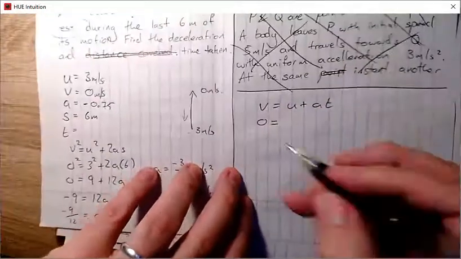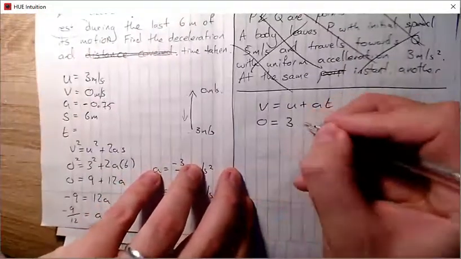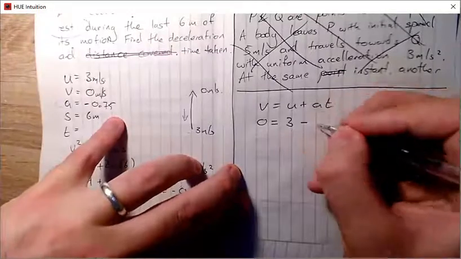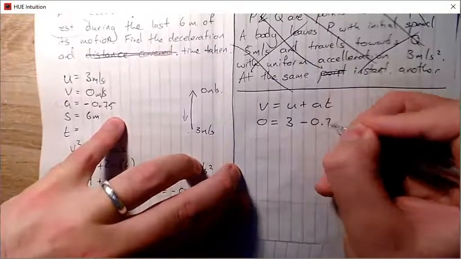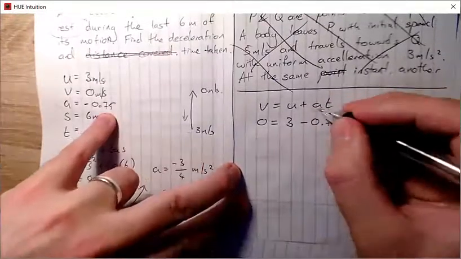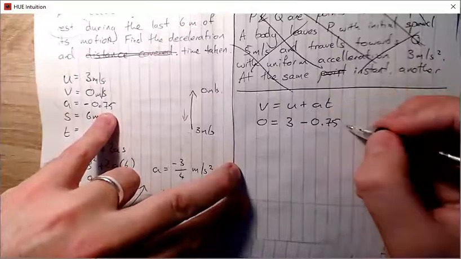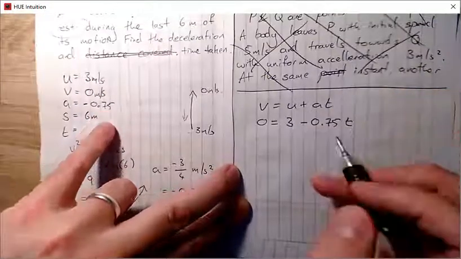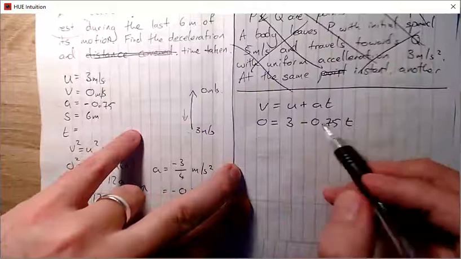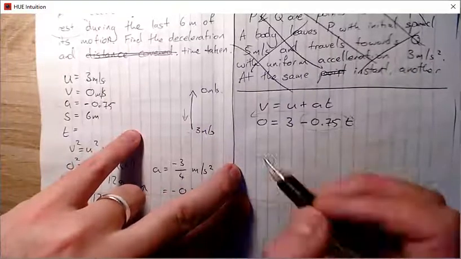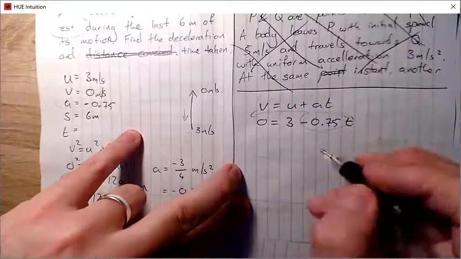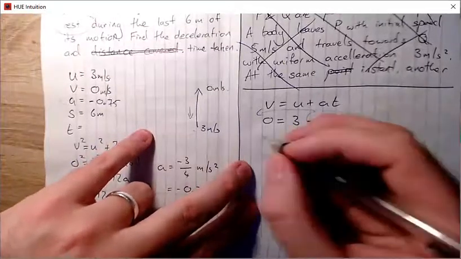Okay, v is 0. u is 3 minus, now acceleration is negative 0.75, so minus 0.75, don't forget that, times t. Okay, we need to tidy that up to get t by itself. I'm going to move this over just so that I get a plus, and it makes my life a little bit easier.